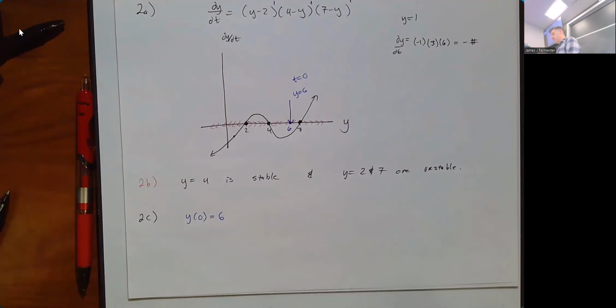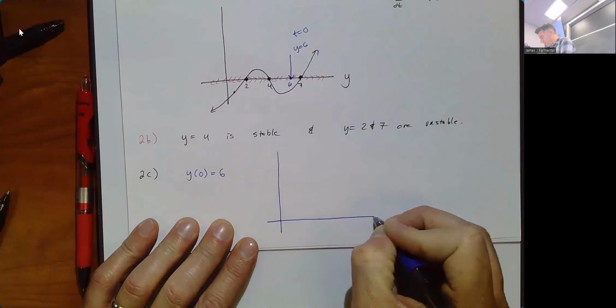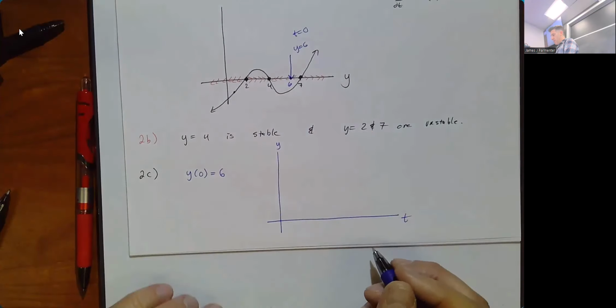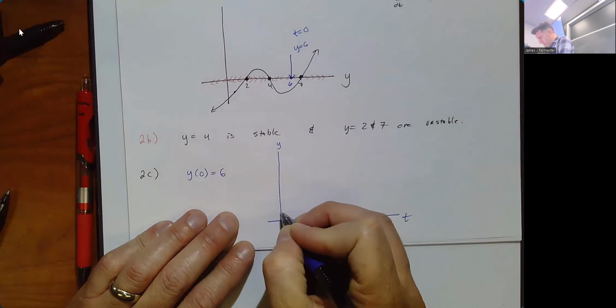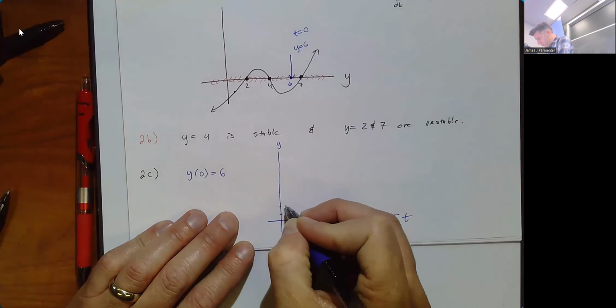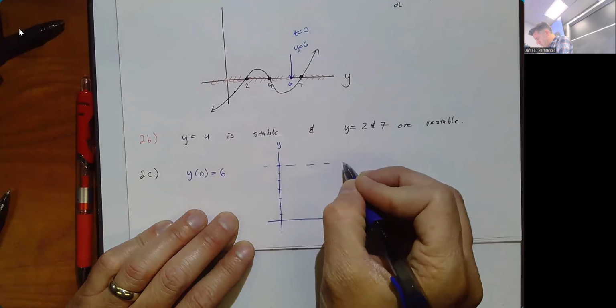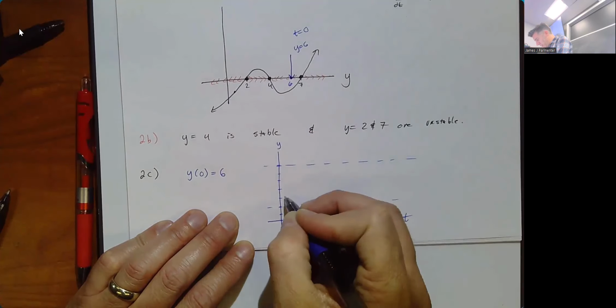Now, here's how some people do this. You can make the graph of y versus time, and we can see that y equal to 4 is a stable equilibrium. So let's see, 1, 2, 3, 4, 5, 6, 7. So here are our equilibria, stable or unstable.